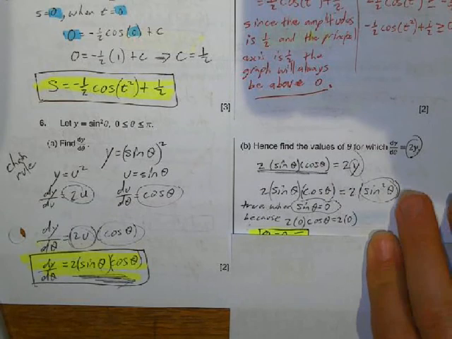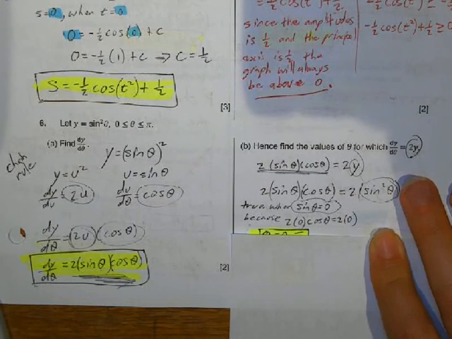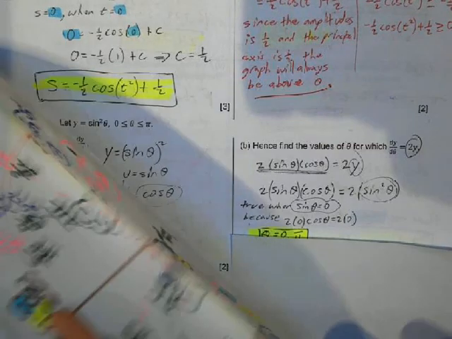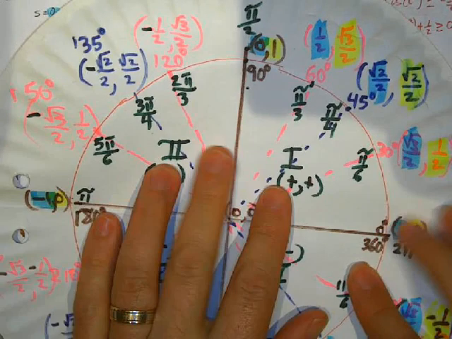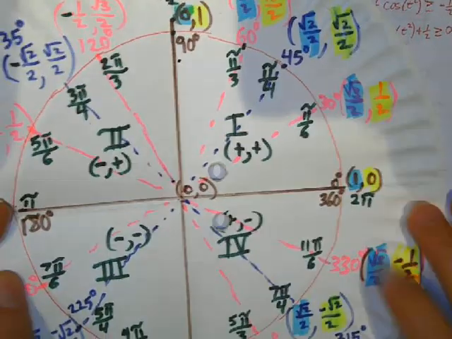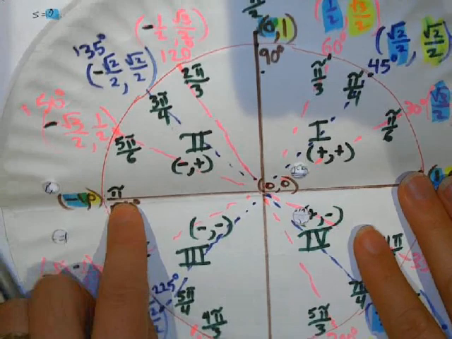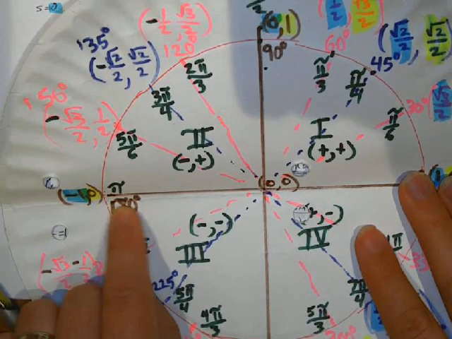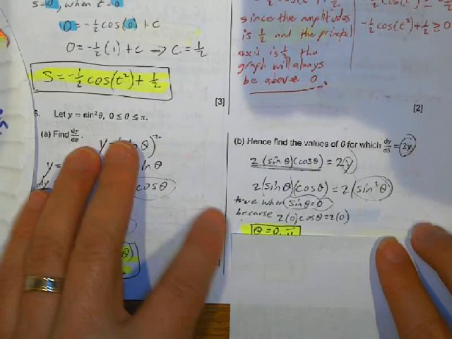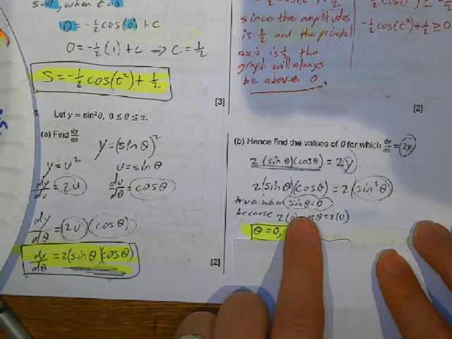If I got out my unit circle, sine theta equals 0 at 0 radians and at pi radians. So theta has to be 0 or pi in order to make sine theta equal to 0.